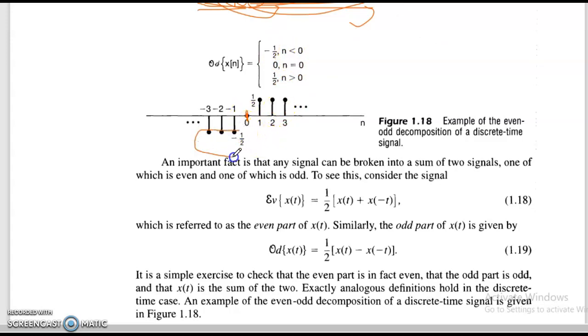When n equals 0, x of n equals 0. It is 1 by 2 when n is greater than 0. So when n equals 0, only 0 is available.